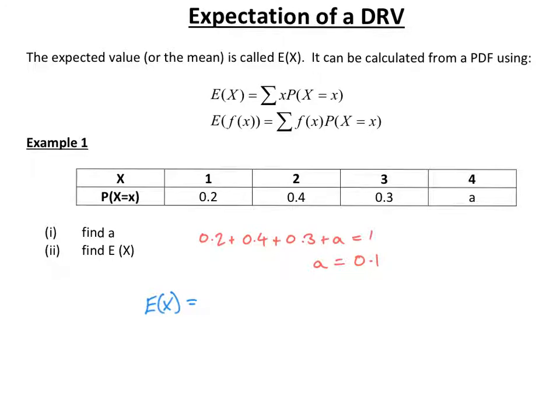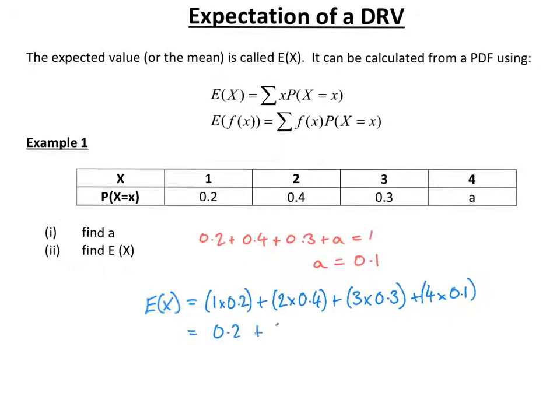So it's 1 times 0.2 plus the second value of x, 2, times its probability, 0.4, plus the third value of x times its probability, plus the fourth value of x times A. And in this case, we know A is 0.1. So it's 0.2 plus 0.8 plus 0.9 plus 0.4. And when we put those all in, we get an expected value of 2.3.